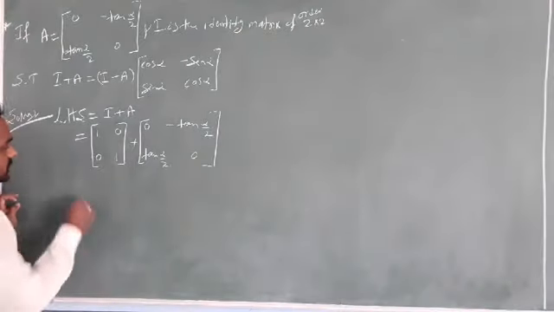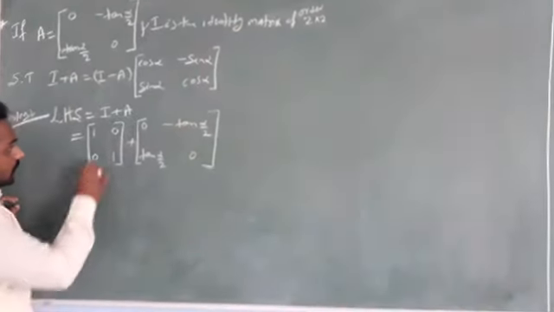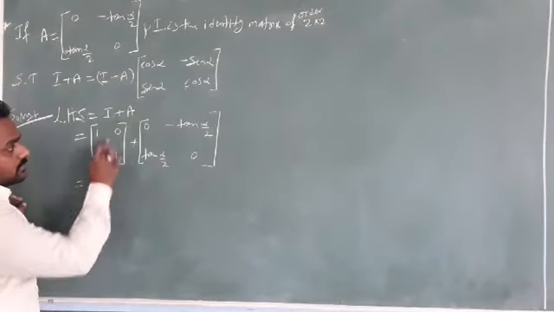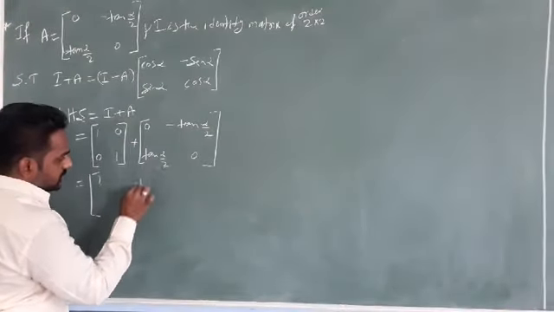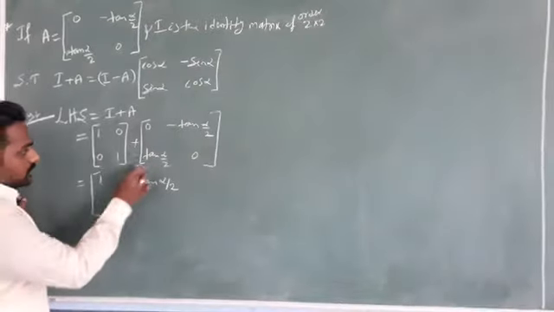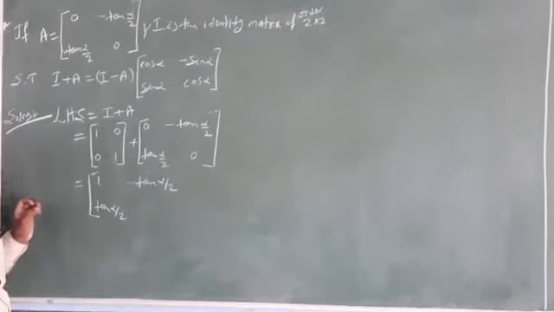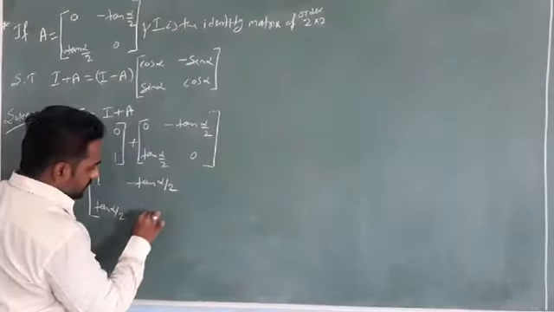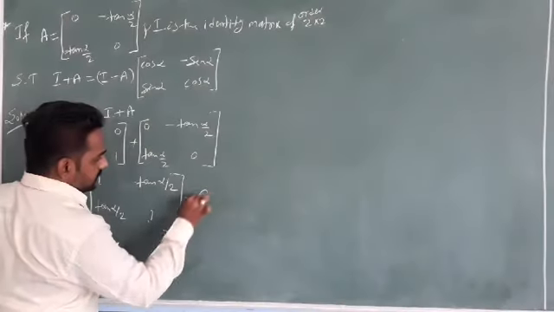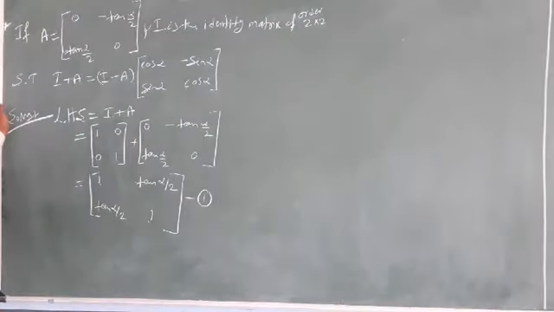So what is the result here, students? 1 plus 0, that is 1. 0 plus minus, that is minus tan alpha by 2. So 0 plus tan alpha by 2. So tan alpha by 2. 1 plus 0, that is 1. This is equation number 1.